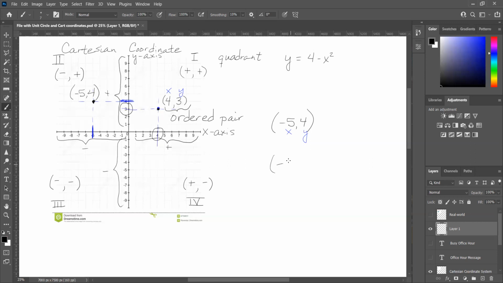So if we had, say, -3, -2, because both x and y are negative, I know that is going to be in the third quadrant. So maybe I'll come over to -3, drop down to -2, and where those intersect will be that point. It's pretty easy to graph points that way, especially since we've got this border in place that allows us to very quickly graph or plot a given point.